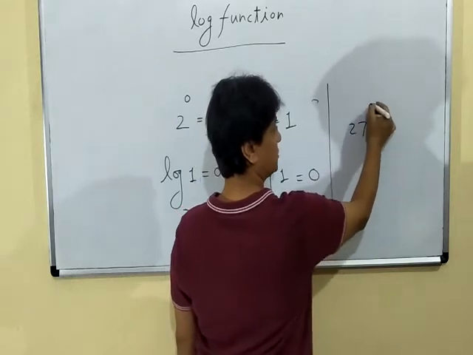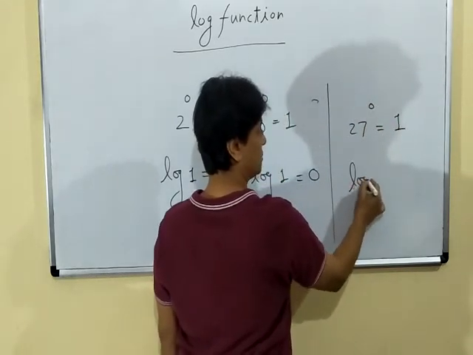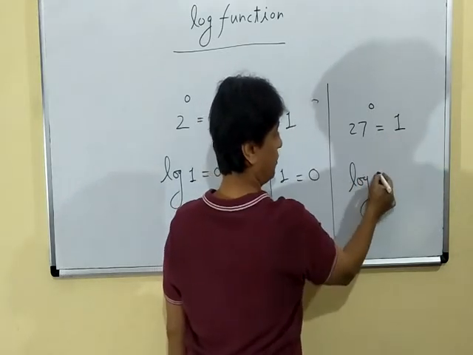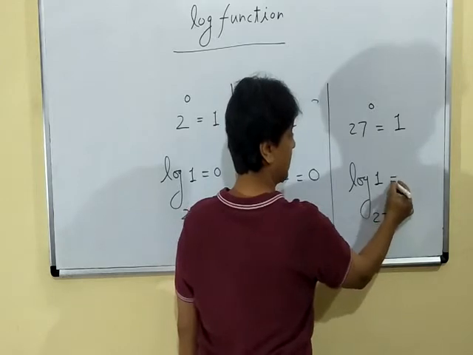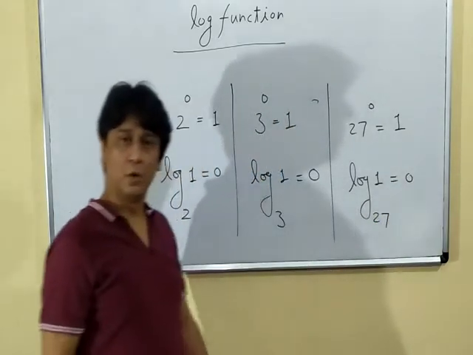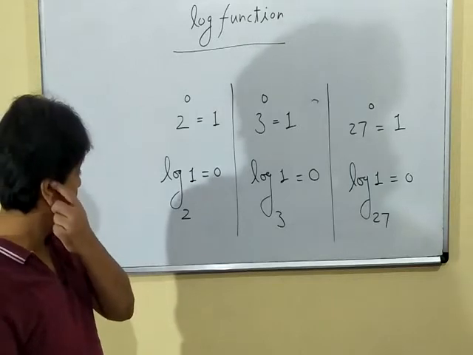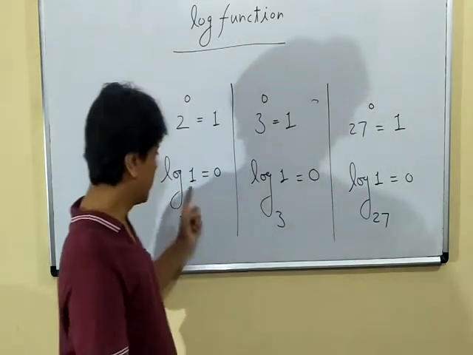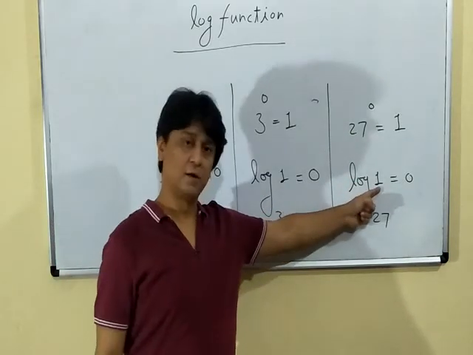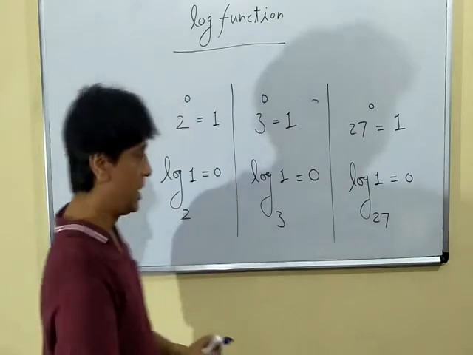27 to the power 0. This is also what? 1. What is the log version? Log of 1. What is the base? 27. What is the value? 0. Which means हमने एक चीज नोटिस कर ली, अलग अलग बेसिस हैं, लेकिन अगर यहां पर 1 है प्रोडक्ट तो हमेशा पावर क्या आएगा? 0.